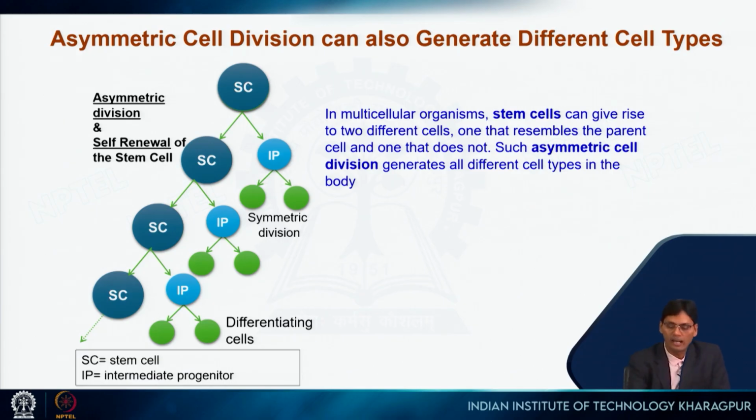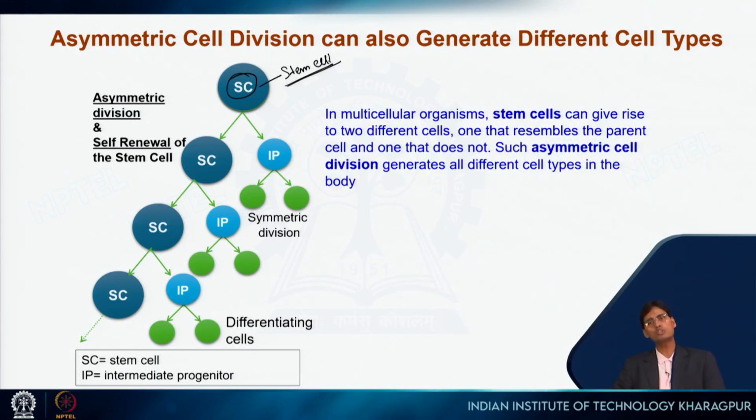So here these are stem cells, right? This is a stem cell, this is a stem cell. So as I already mentioned, in blastula, those blastomeres are the stem cells, right? They have the potential to make different types of cell.